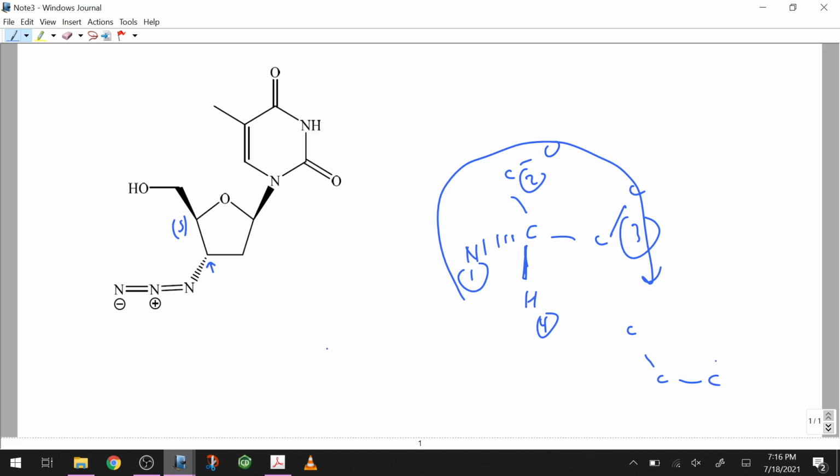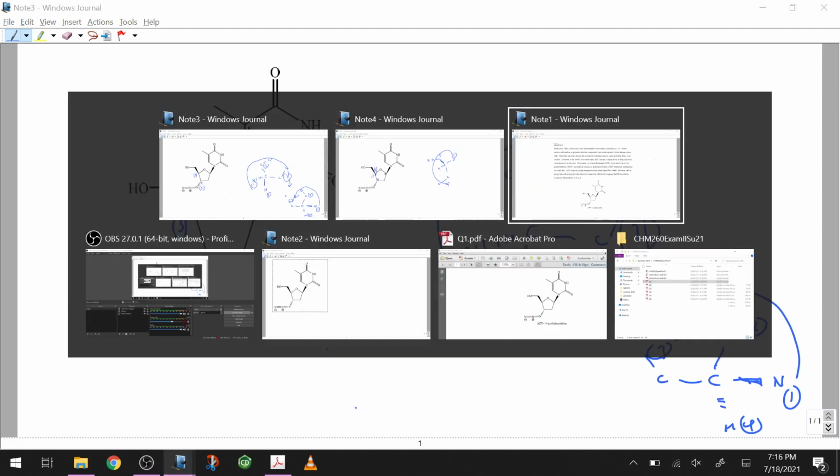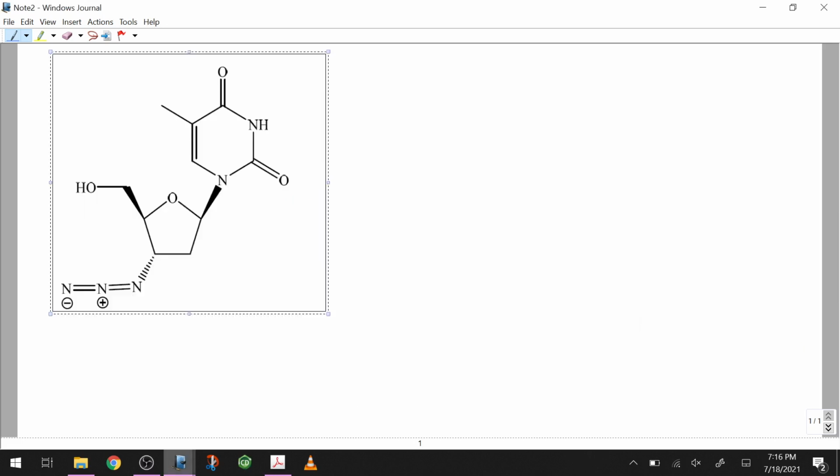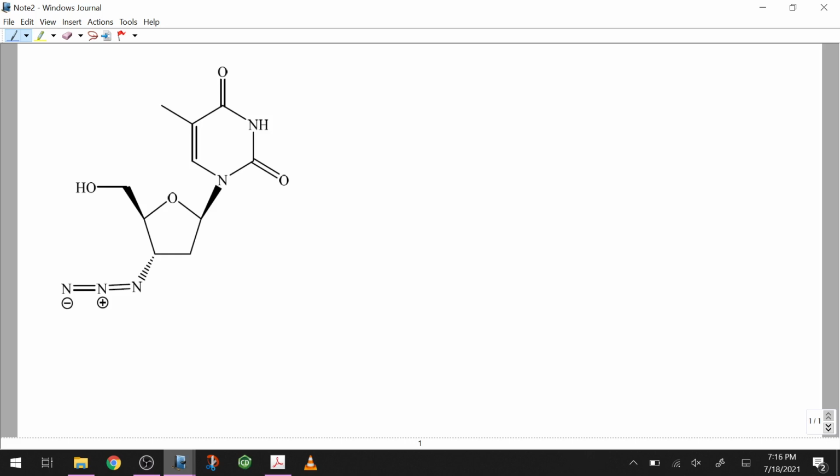So if we're looking at this from the other side of the screen, we'd end up with this. So this is our priority 1, this was our priority 2, this was our priority 3, and of course the hydrogen is still priority 4. Now, that also is S. So we have 2 of these already that are S.